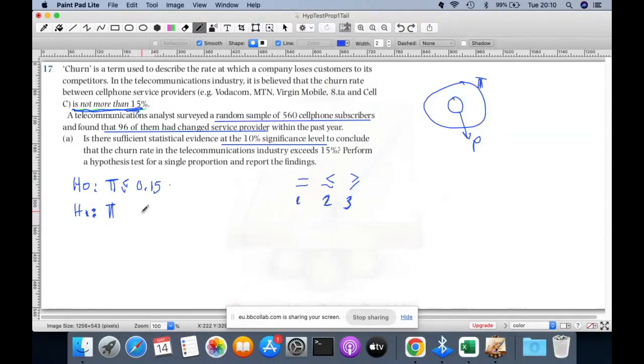Now, if that is H naught, remember, H1 is simply the opposite. If you had chosen 3, then this would have been the symbol, and if you had chosen 1, then this is the symbol for H1. It's just the opposite, so this would be greater than 0.15.